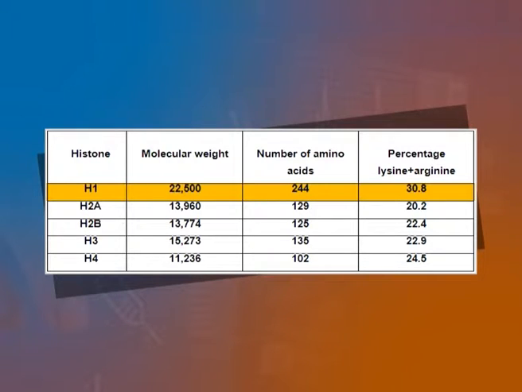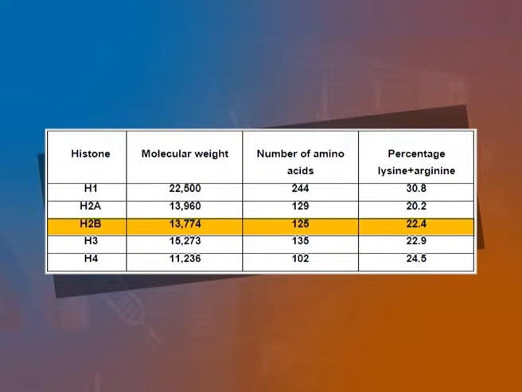First one is H1. The molecular weight is 22,500. The number of amino acids is 244 and the percentage of lysine and arginine is 30.8. H2A, molecular weight is 13,960. The number of amino acids is 129 and the percentage of lysine and arginine is 20.2.